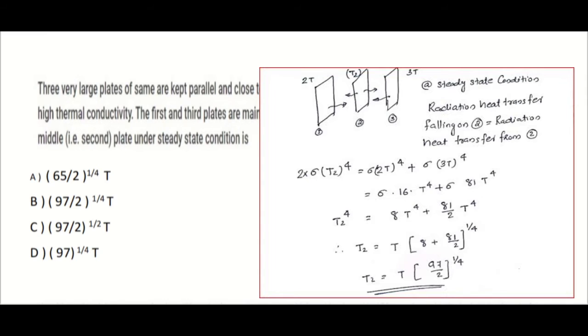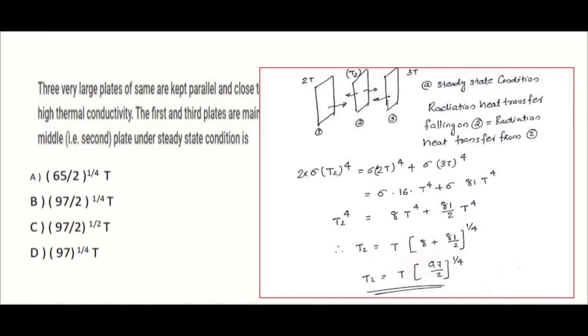That is the radiation heat transfer. The radiation heat transfer falling on the second plate will be equal to the radiation heat transfer radiating from the second plate. That will be equal to sigma T raised to 4.